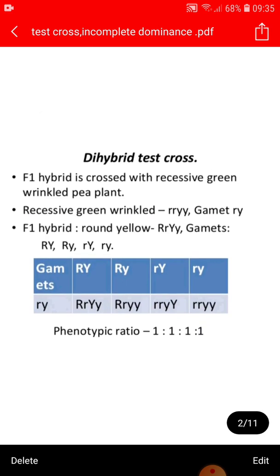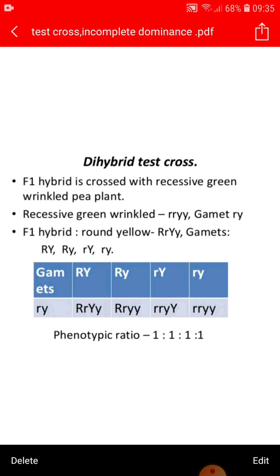So next is the dihybrid test cross. Dihybrid means we will take two genes. So here F1 in dihybrid comes out to be capital R small r, capital Y small y. When we cross this with the homozygous recessive, that is small r small r and small y small y, we get these types of phenotypes.